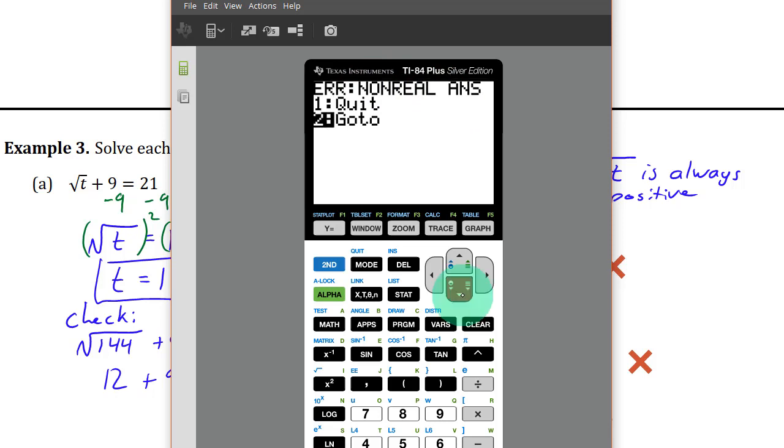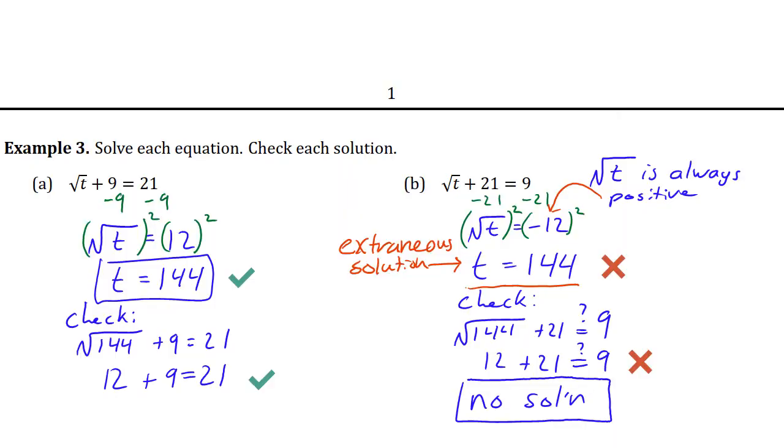It doesn't really exist. We call it an imaginary number, but we're not going there in this class. We're saying that this doesn't exist. So square roots are always positive, except the square root of 0, which is just 0. So the result is 0 or positive, but it can never be equal to negative 12.